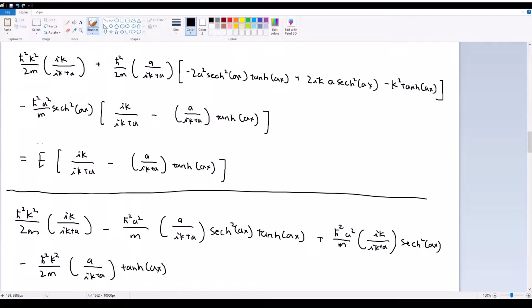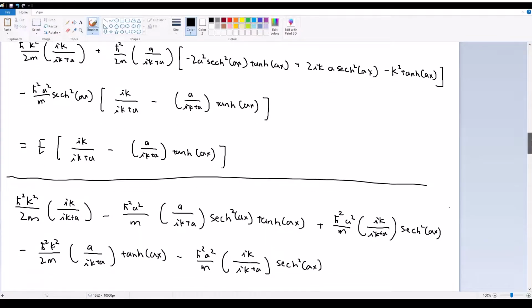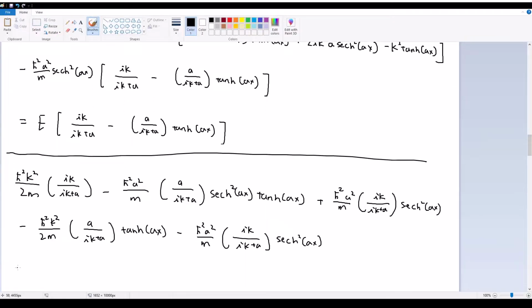And then expanding out this second term, this is going to be minus h bar squared a squared over m, ik over ik plus a times hyperbolic secant squared ax. And then we're adding h bar squared a squared over m times a over ik plus a, hyperbolic secant squared ax, hyperbolic tangent ax.